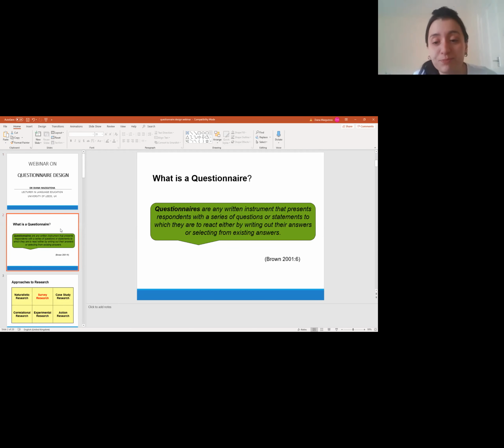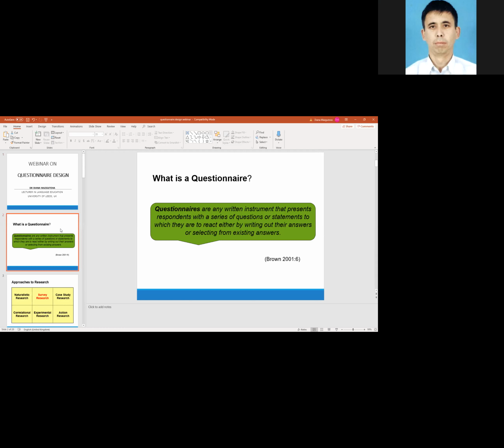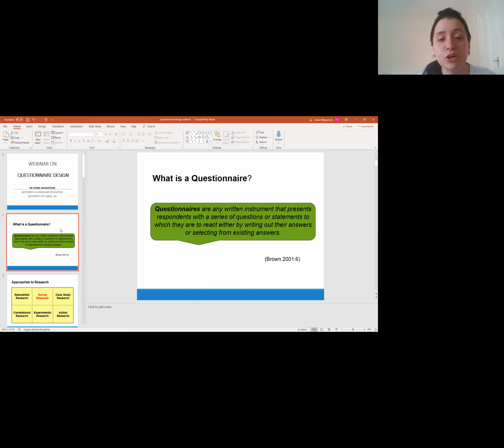As many of you might know, a questionnaire is a written instrument or tool which consists of a set of questions, or as Brown defines them, a series of questions or statements, not necessarily in question form. Sometimes they can be expressed as statements, to which respondents react either by writing out their answers or by choosing boxes, selecting the option.